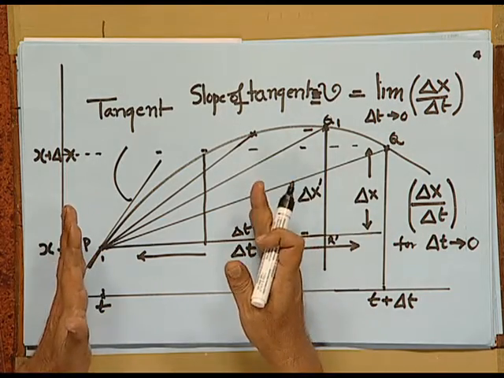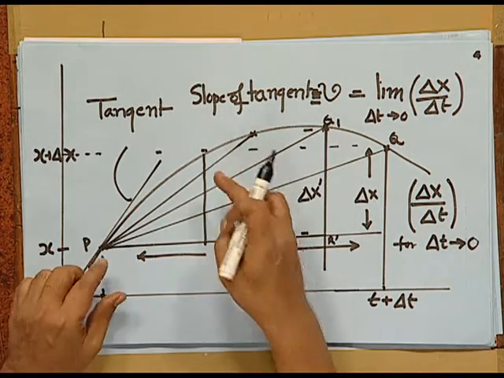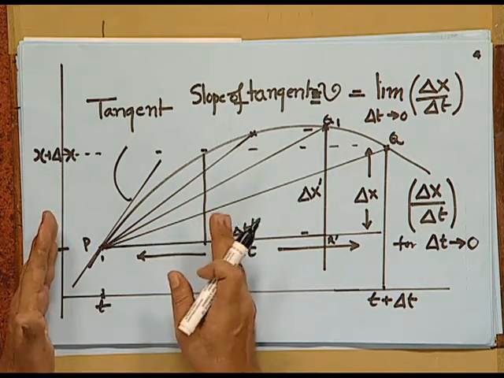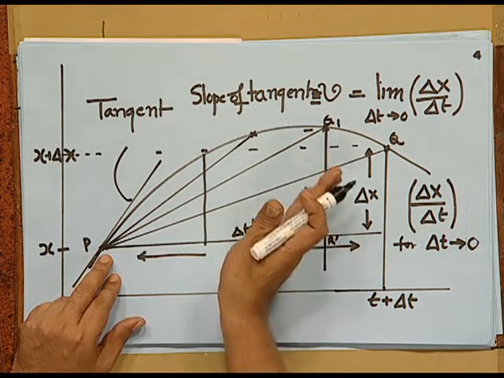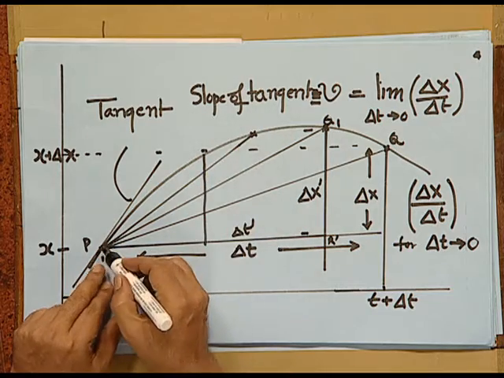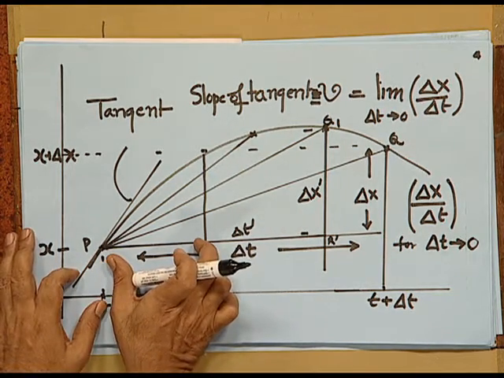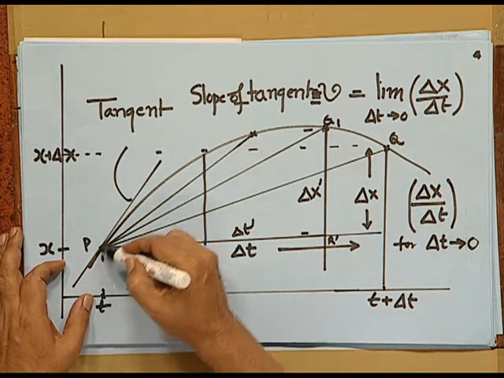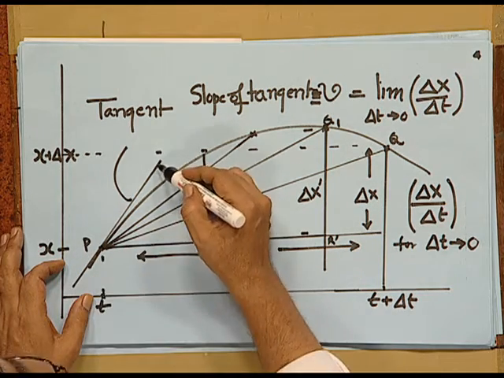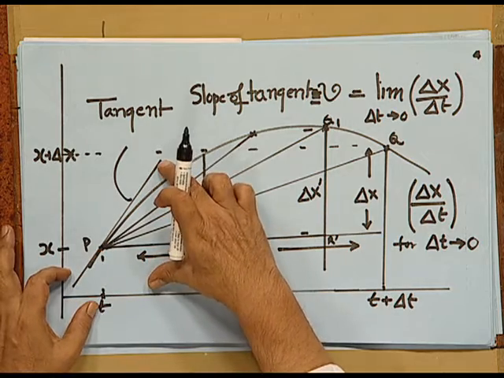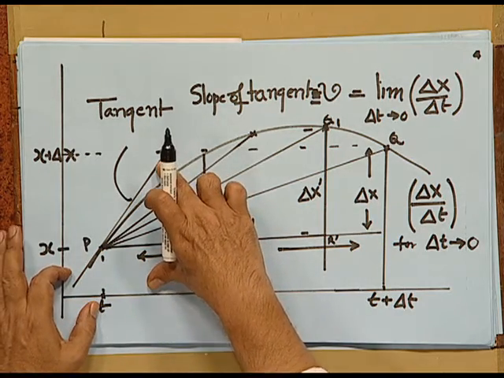You reduce this time gap smaller and smaller and make it almost 0. In that case the slope of this graph goes on increasing, and at point P, when you make delta t almost tending to 0, you draw a line which is called the tangent line at the point P, and the slope of this line is called the instantaneous velocity.